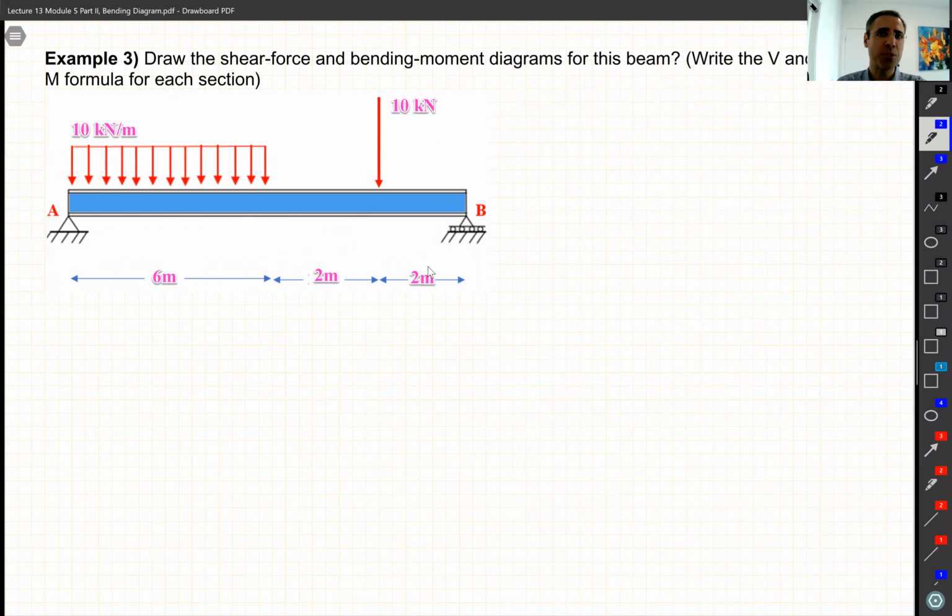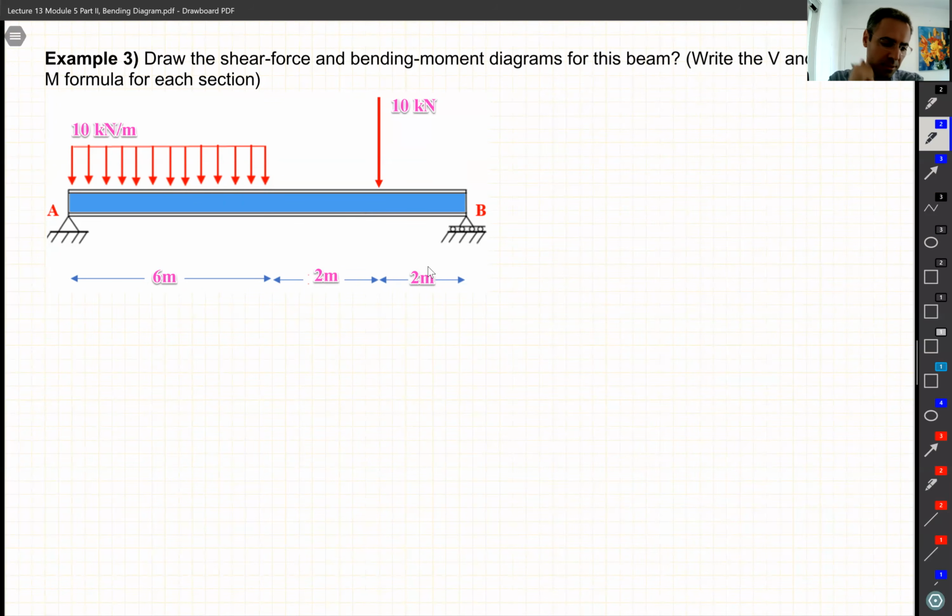Later in your job, you can skip writing equations, but sorry, now you have to learn how to use the equations, okay? So in your exam, we will tell you to write the equation, draw the diagram, and also check it graphically to make sure that you didn't make any mistake.